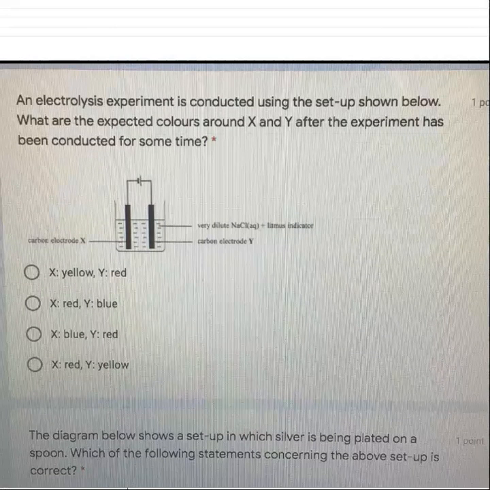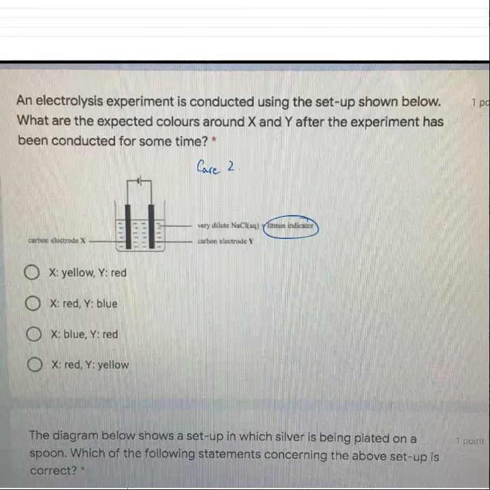Okay, so for this one I think it is pretty straightforward because we have discussed it in case 2, sodium chloride. The only difference is that we add a litmus indicator here.